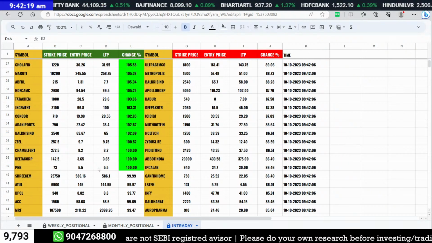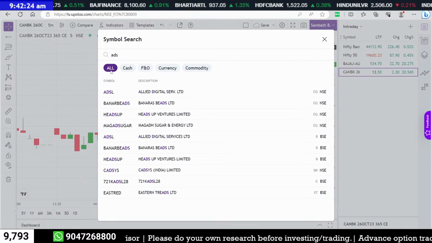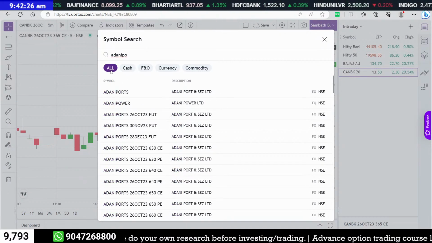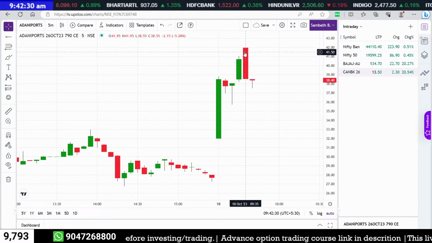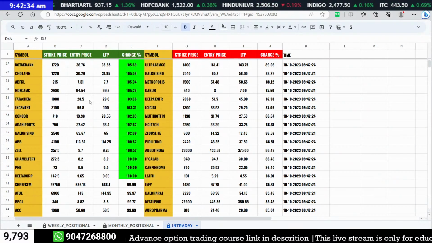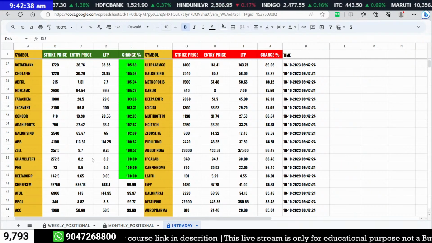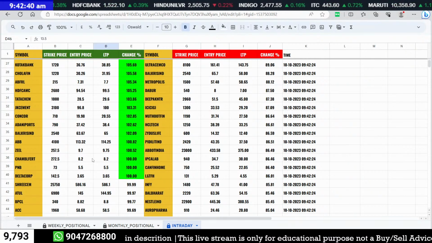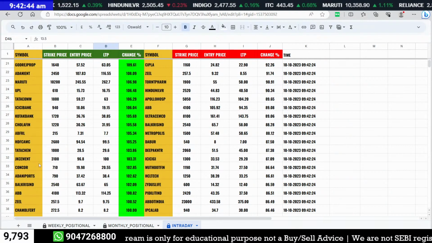Dhani Ports also triggered today, 790. I think it is already 41. Zee Entertainment 9.7. Before taking the trade, you need to confirm whether it is trading with liquidity or not.